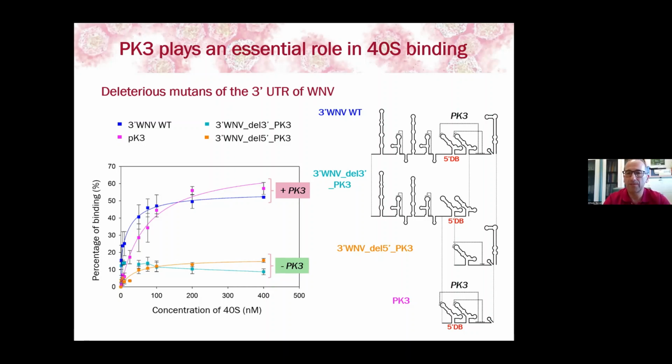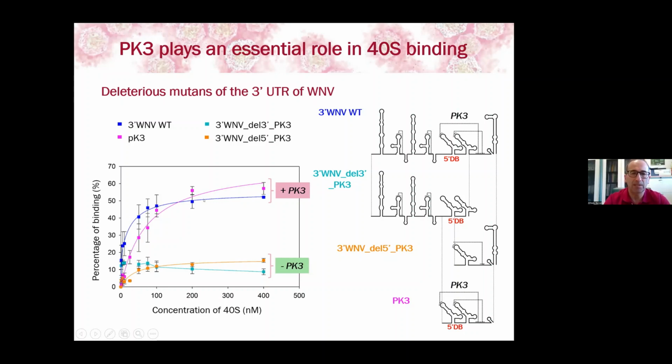So we made different constructs to avoid the formation of this pseudoknot structure by deleting the 3' or the 5' sequence involved in the formation of the pseudoknot, or we used a construct in which we just have the domains of the sequences necessary for the formation of the PK3.